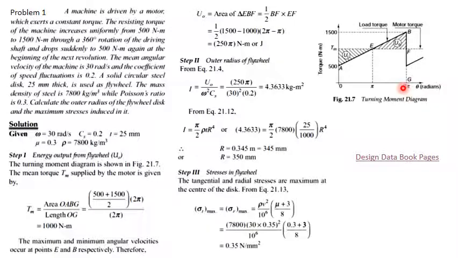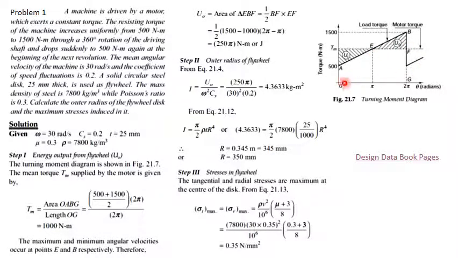Now we have to compute the dimensions of the flywheel. So before computing the dimensions of the flywheel, we have to compute the mean torque supplied. Mean torque is nothing but the torque which is provided throughout the cycle. So mean torque is equal to the area under OABG, that is the work done per cycle, upon the length of the cycle.